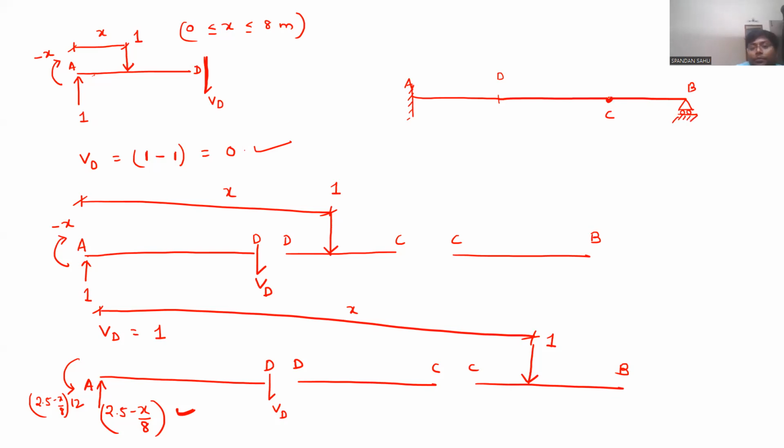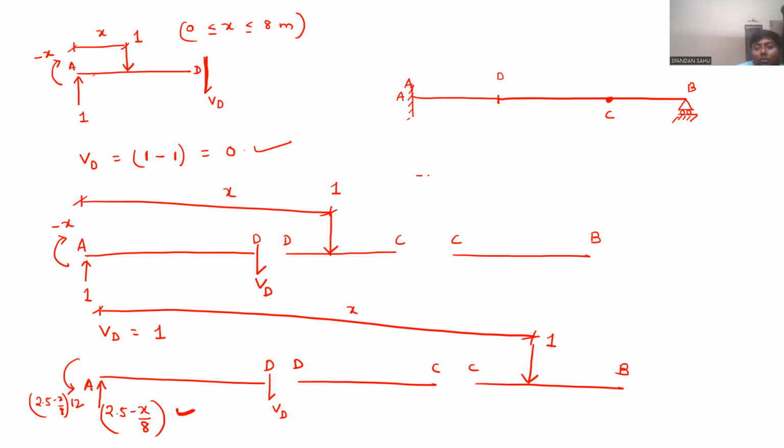Now, when the unit load was moving between A and D, we got the shear force at D as 0, which means all the ordinates between A and D will be 0.